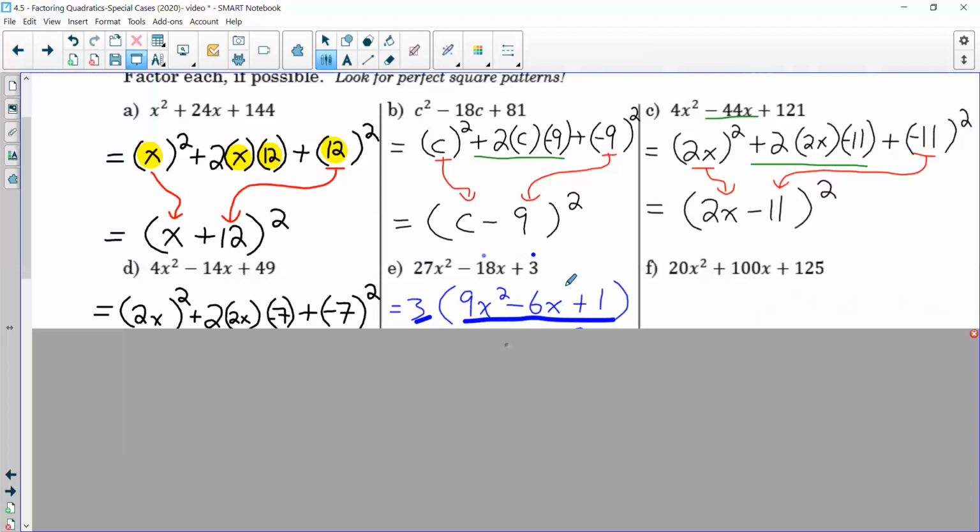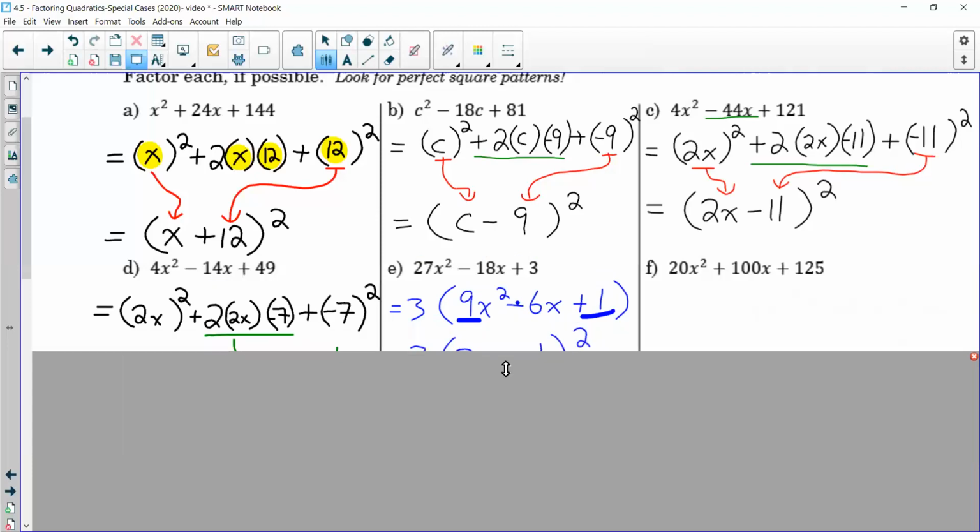So this trinomial, again, you can use decomposition or sum of cross products since the a value is not equal to 1. We're going to try to fit the perfect square pattern because 9 is a perfect square and so is 1. And then we're going to use that negative sign to help us out. And this is a little bit quicker. So 3x all squared will give us 9x squared. Instead of a 1 times 1, we're going to use negative 1 times 1 and see how that works.